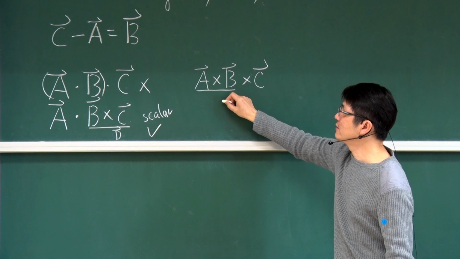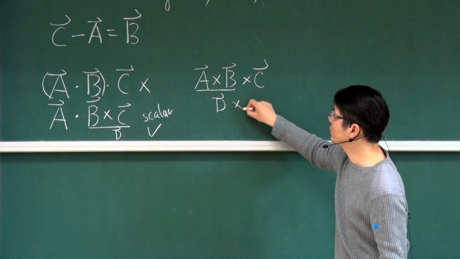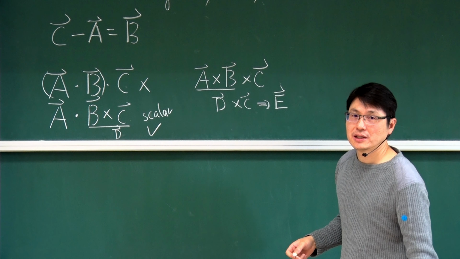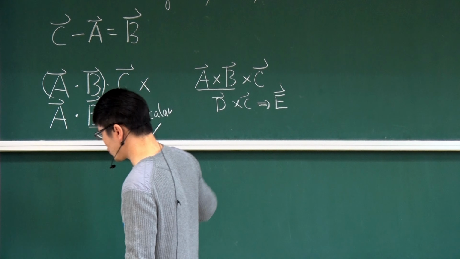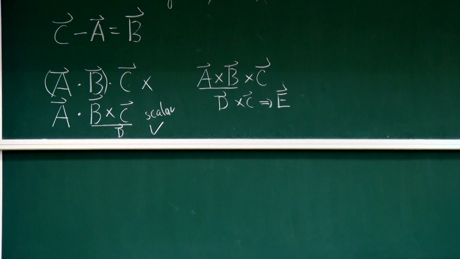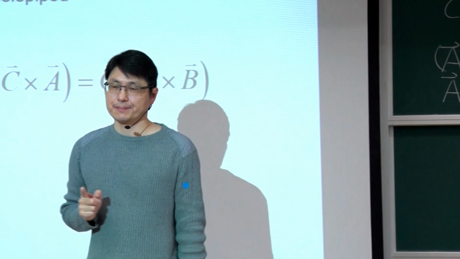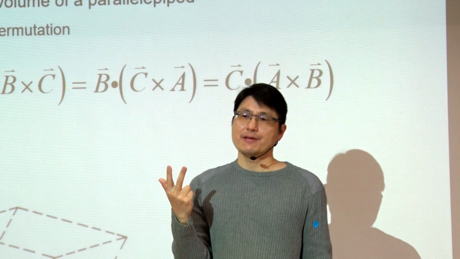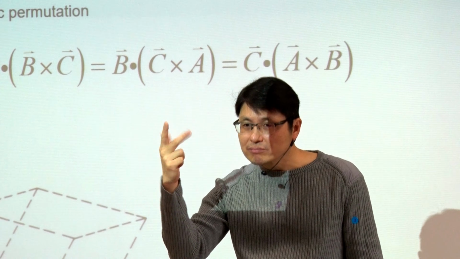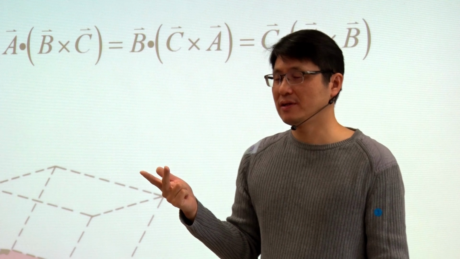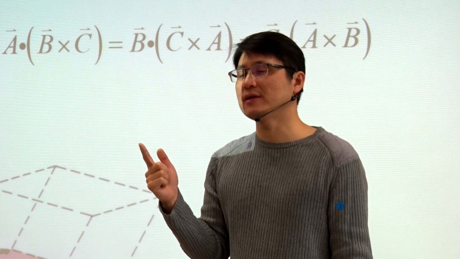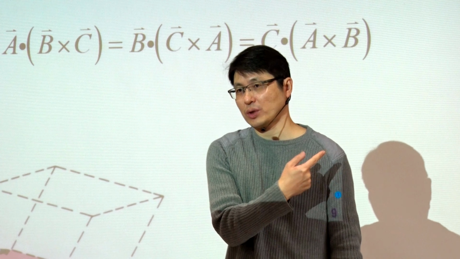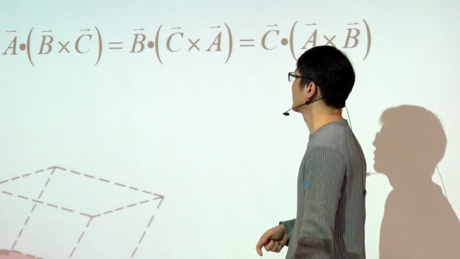A cross B gives me D, so D cross C gives me E, a vector. So the third choice cannot give me a scalar. So when you have three vectors making multiplication and you want to arrive at a scalar, this is probably the best choice, probably the only choice you have.